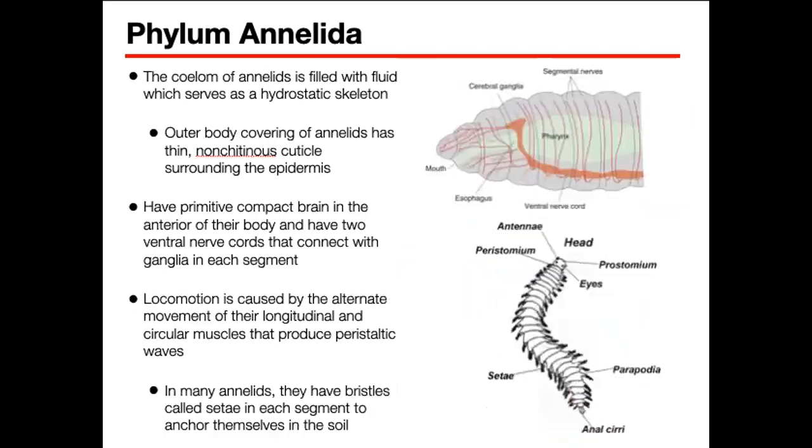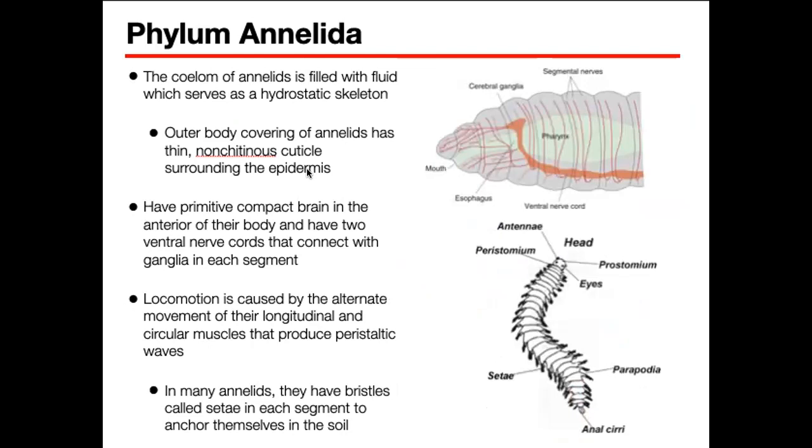And the coelom of annelids is filled with fluid which serves as a hydrostatic skeleton. Okay? Yung outer body covering naman niya, it's not made up of chitin, unlike that of nematodes. So other distinguishing characteristic yan nila. It's a non-chitinous cuticle that surrounds the epidermis. And meron din sila nung compact na brain in the anterior of the body.